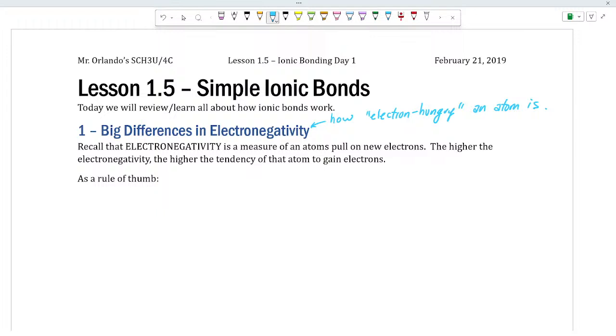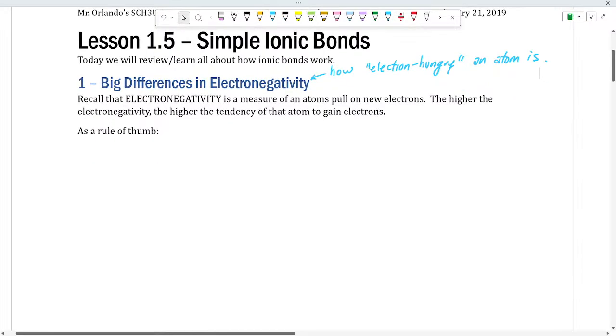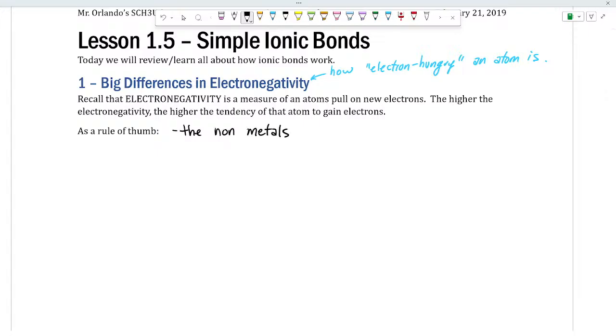So as a rule of thumb, the nonmetals, which is the right side of the periodic table, are highly electronegative.